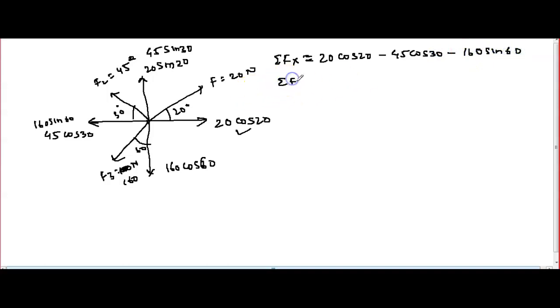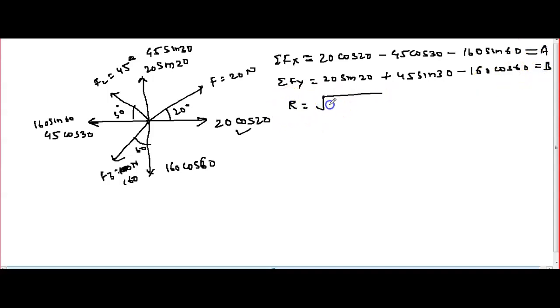Summation of f of y, okay. So consider this value you can find in the calculator as A, and this is B. So the resultant you can write here as square root of A square plus B square.